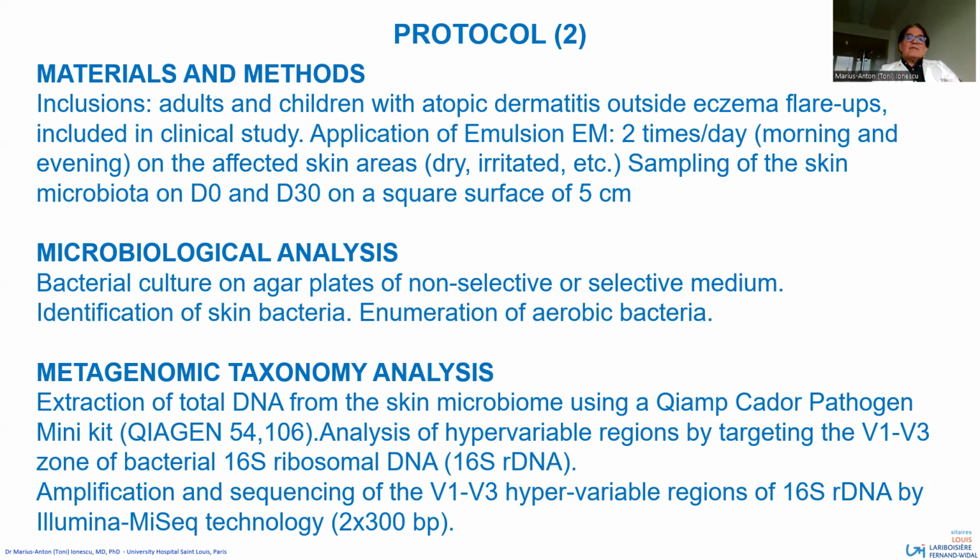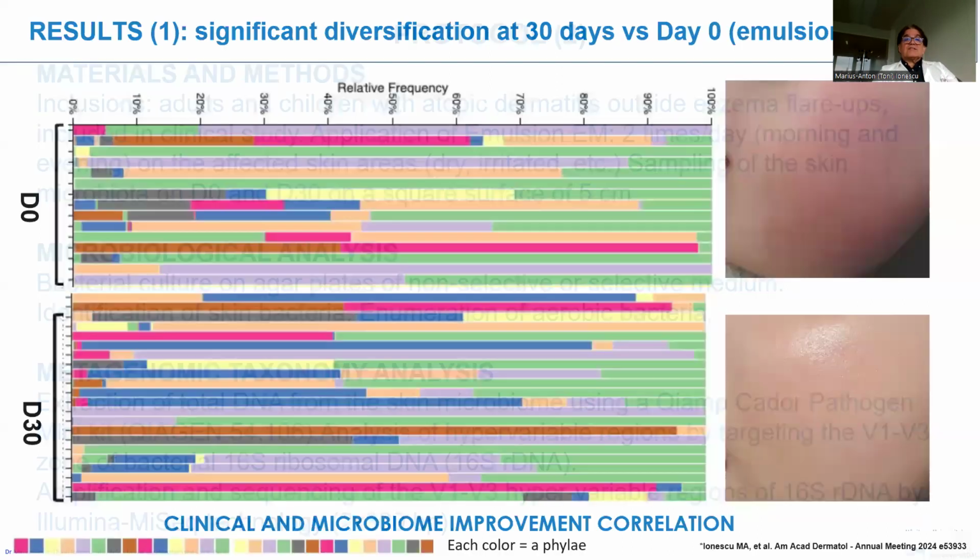The emulsion was applied mornings and evenings, and the metagenomic taxonomy analysis was made at the beginning and at the end of the study, targeting the ribosomal DNA 16S, and we sequenced the V1, V3 hypervariable regions of this ribosomal RNA of the skin microbes on the skin of these patients.